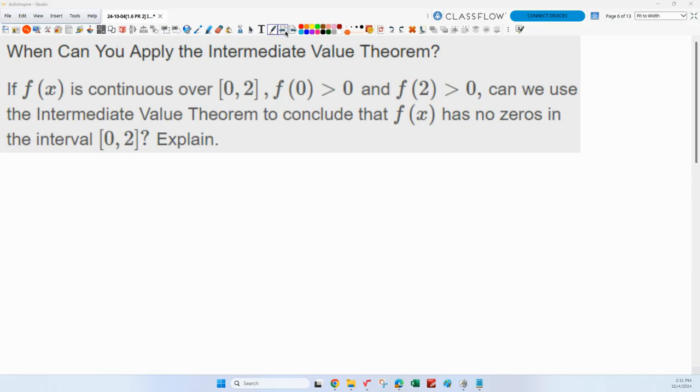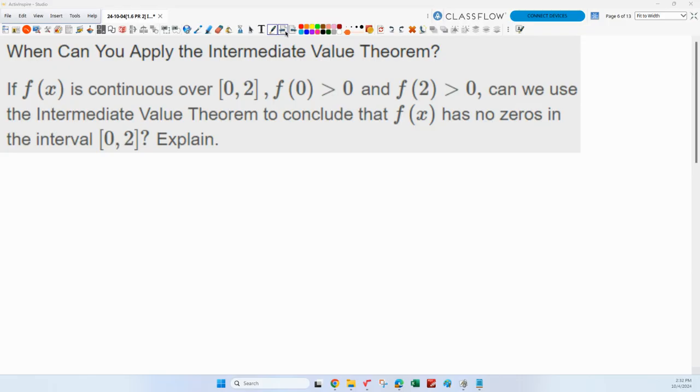Okay, so the reasoning here is that this is not an application of IVT, right? Because it's saying that y equals 0. IVT is the intermediate value theorem, right? So for f of x to have a 0, that would mean y equals 0. Well, the value of the function at the start and at the end, they're both positive. So 0 is not an intermediate value, right?